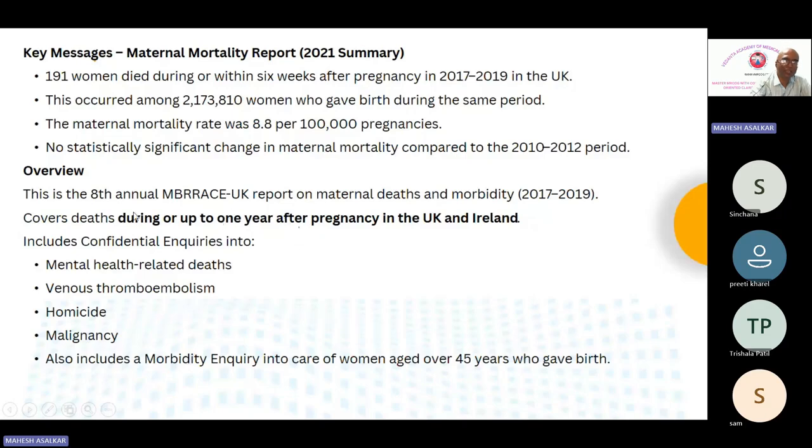Okay, they are also included in this particular report. So it includes the confidential inquiries into mental health related deaths, venous thromboembolism, homicide, malignancy, and it also includes morbidity inquiry into care of women aged more than 45 who gave birth. Okay, so this is one of the peculiarity. The elderly women more than 45 years, the morbidity inquiry is one of the feature of this particular MBRRACE report.